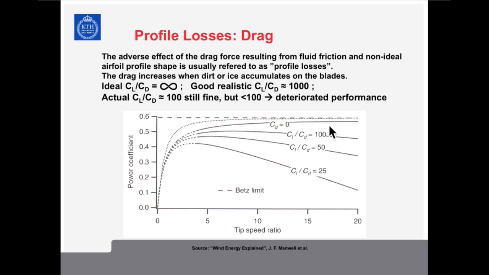So these drag forces actually would mean that as soon as the lift-to-drag ratio decreases, the fast-going rotors are not as efficient as they would have been if there were no drag.